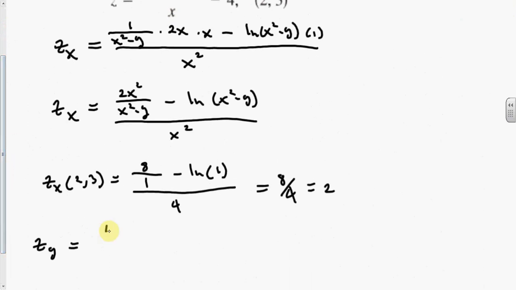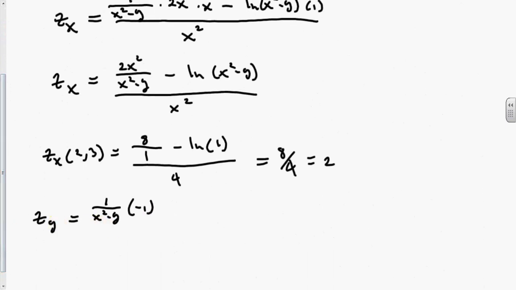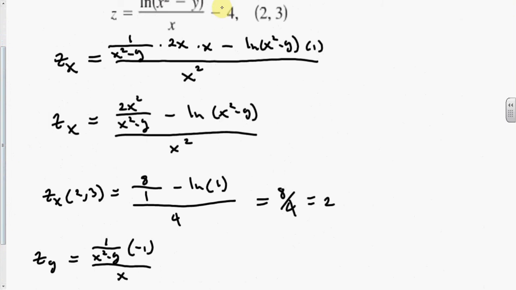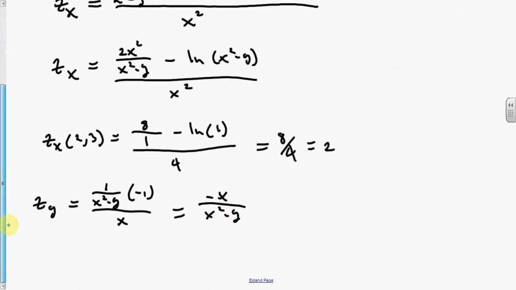So this is 1 over x squared minus y times the derivative of x squared minus y with respect to y. That's just negative 1, and then it's just multiplied by its coefficient of x. The derivative of that negative 4 is just 0.